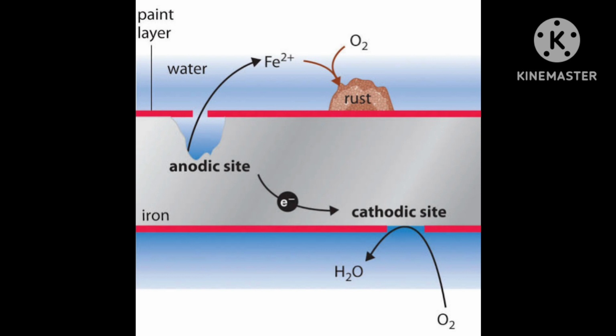Then I have told you about corrosion. You have to tackle corrosion tactfully, otherwise not only money will be destroyed, it can destroy life also. In the rainy season, if a flyover falls down, what will happen?